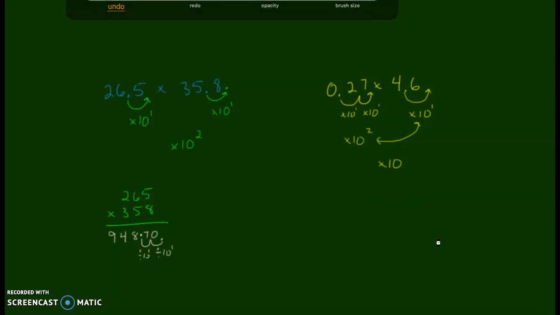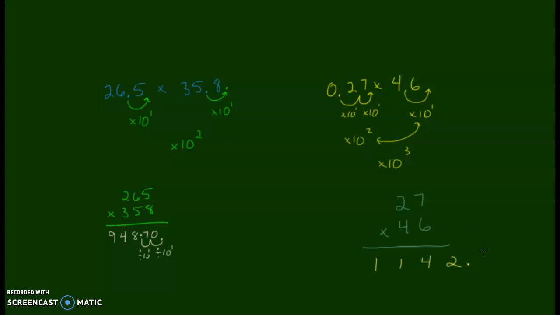So if we multiplied this out, 0 and 27 hundredths times 4, or excuse me, I made a mistake on that. We should think about this as whole numbers. So 27 times 46. Then when we answer that, we get the digits of 1, 1, 4, and 2. All whole numbers have a decimal, it comes at the end. Before we multiplied, we did the equivalent of times 10 to the third.